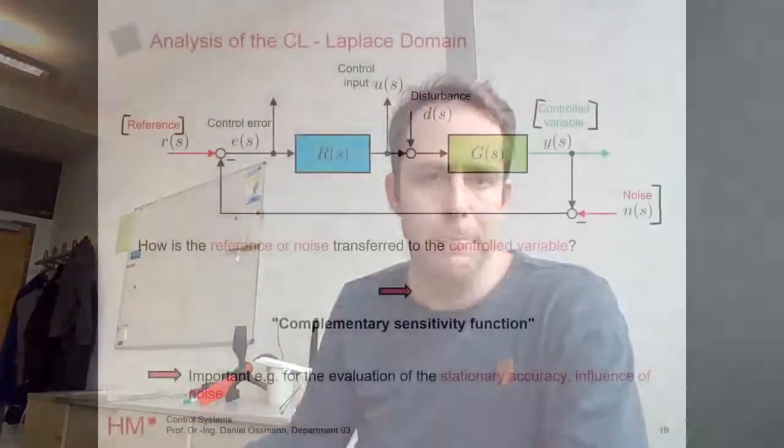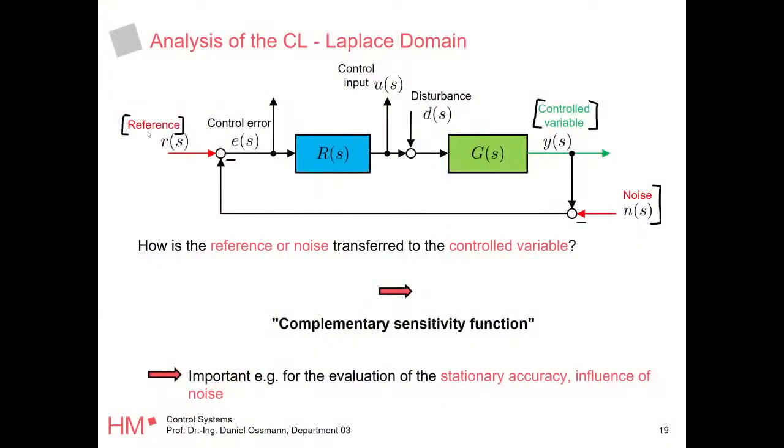And interestingly, the reference signal has the same channel as the noise. Take a look, there's nothing in between, just a sign change. Technically, the noise and the reference signal go through the same channel to the control variable. This is actually kind of a basic limitation in control. At this point, we are defining this function from the reference or the noise to the controlled variable, and it is so important that it gets its own letter.